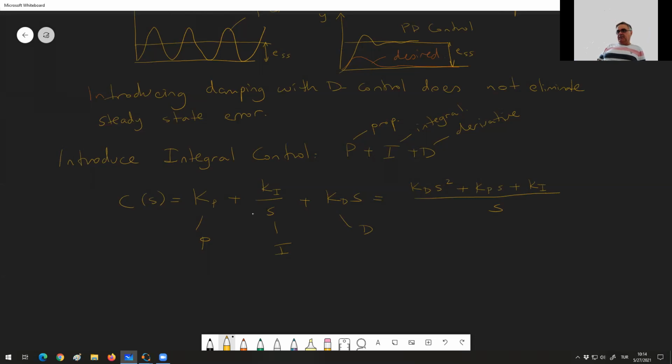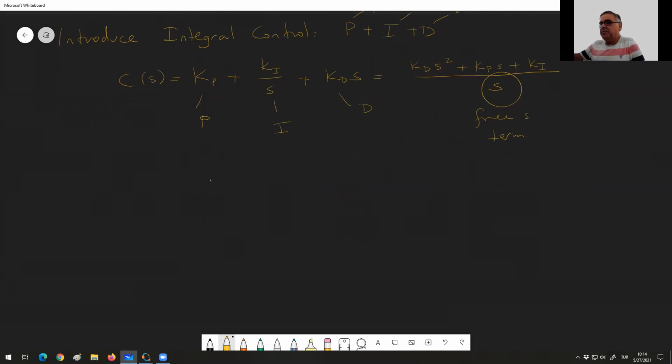But as you see, in the controller you have a free S term. And the system type for disturbance, because of this free S term, is going to be 0. Okay, sorry, 1.